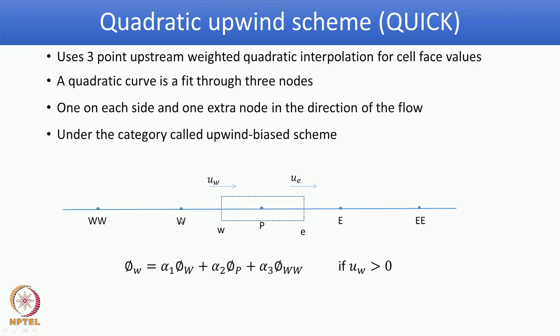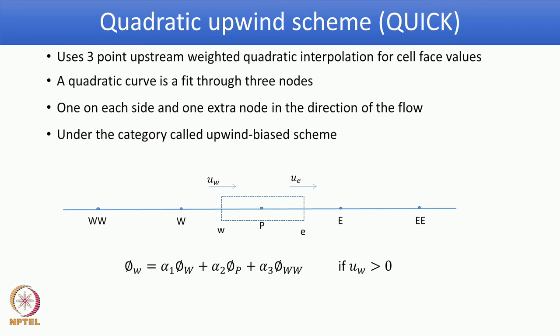So we consider nodes WW, W and P, and we try to fit a quadratic curve to these 3 nodes with some weightage. That is what is shown in the expression here. Phi at the west face is alpha 1 times phi at W, alpha 2 times phi at P and alpha 3 times phi at WW, if the flow is from left to right, that is u_w is greater than 0.